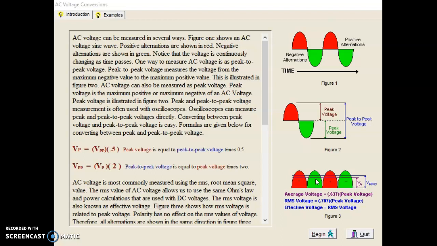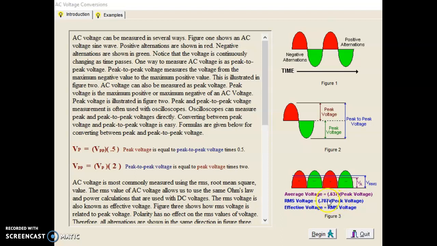The usable effective voltage, or the value that we would use in Ohm's law when we're doing our calculations, is derived from the root mean square of this sine wave graph. The root mean square voltage, also known as the RMS voltage, is the most usable number when we look at our AC voltage values, and that is 70.7% of the peak voltage, or a 0.707 value.